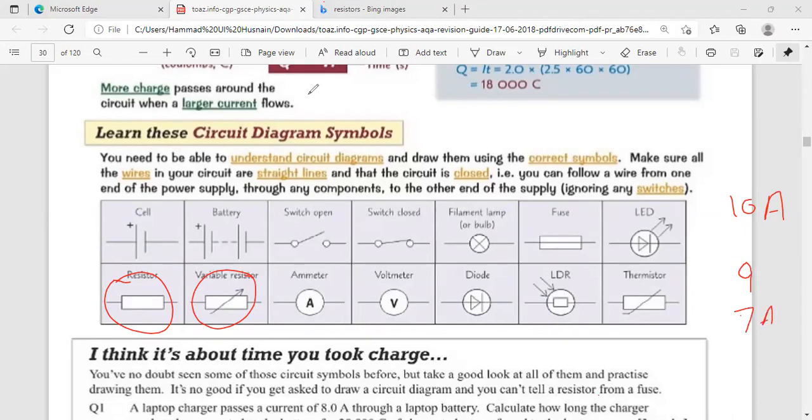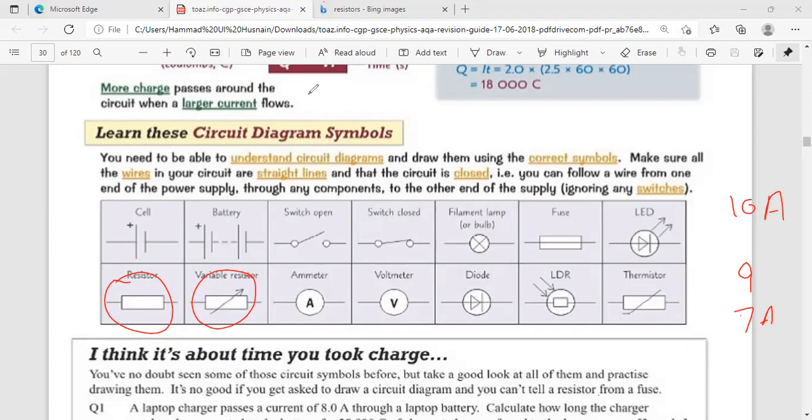Its values are changing regularly, right? So as we have seen earlier, when resistance is small, more current will flow, and when resistance is large, small current will flow. So when we have a variable resistor, its resistance changes, and when its resistance changes, the current flowing through the circuit changes accordingly, right?